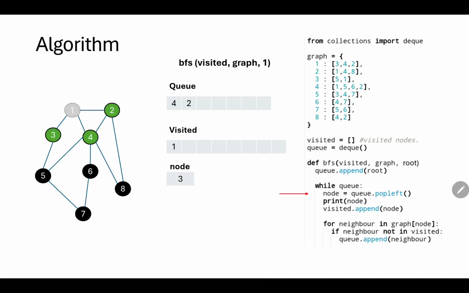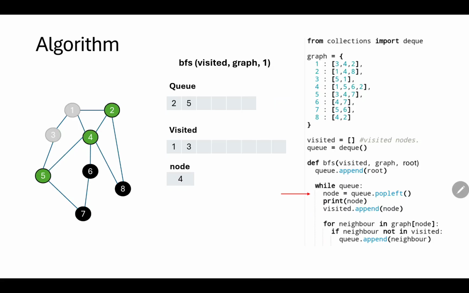We print or act on it, and then we take all the nodes connected to node 3, which are 5 and 1. But the first line in the for loop checks if that node has been visited. If it has been visited, it doesn't get added. So right here, only node 5 is added to the queue.